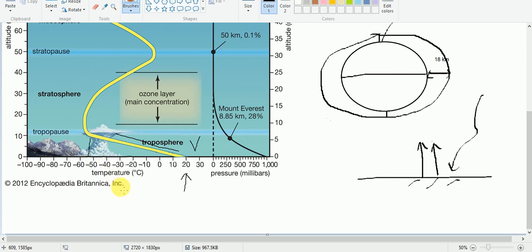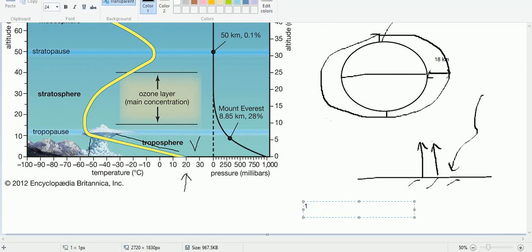So in this way, in the troposphere, temperature decreases with increasing height at the rate of 1 degree Celsius for every 165 meters.